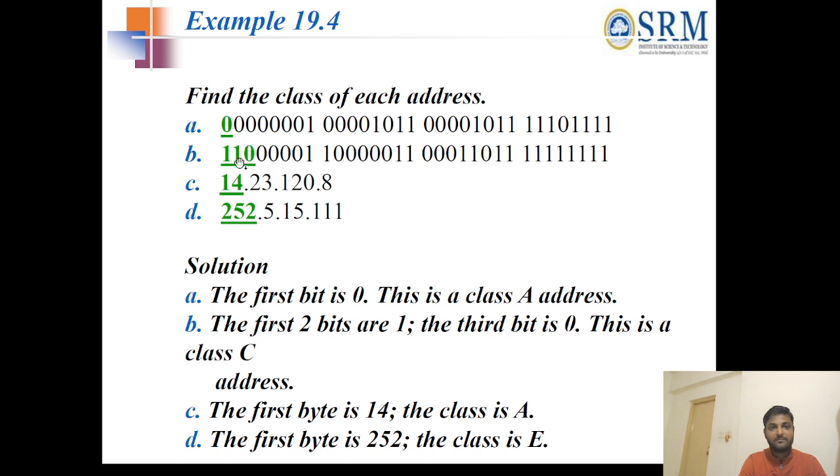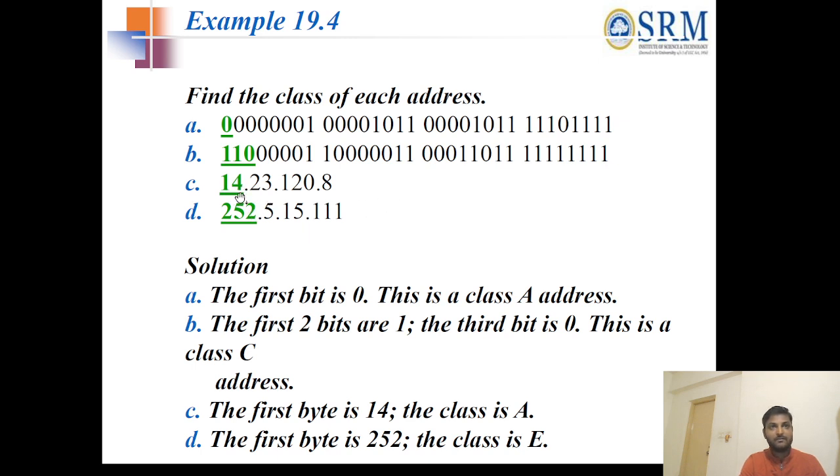The same logic we can apply if it is represented in dotted decimal also. We just have to convert the first octet into binary. For example, 14, 223, and whatever the remaining ones, we have to convert 14 into binary.